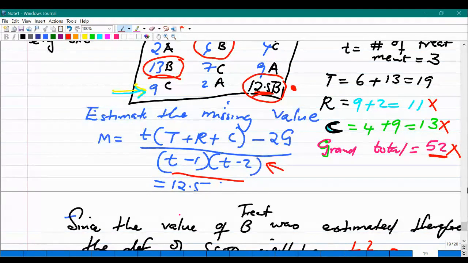Otherwise, you are going to get wrong information if you continue with this 52, because we got this 52 before we estimated the value. So after estimating the value, this 52 will change. The sum for the last column will change because now we have 25.5. The sum for the last row, where there was a missing observation, will change because now we have 12.5.